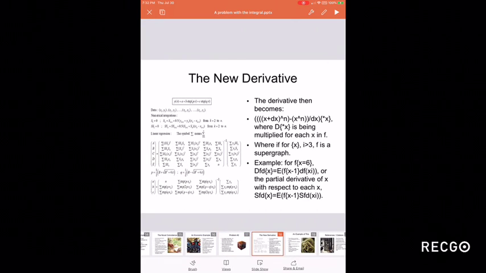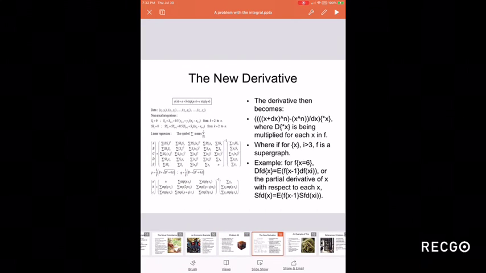The derivative then becomes this for each x in f, where if the interval for the set of xi is greater than 3, then f is considered a supergraph.